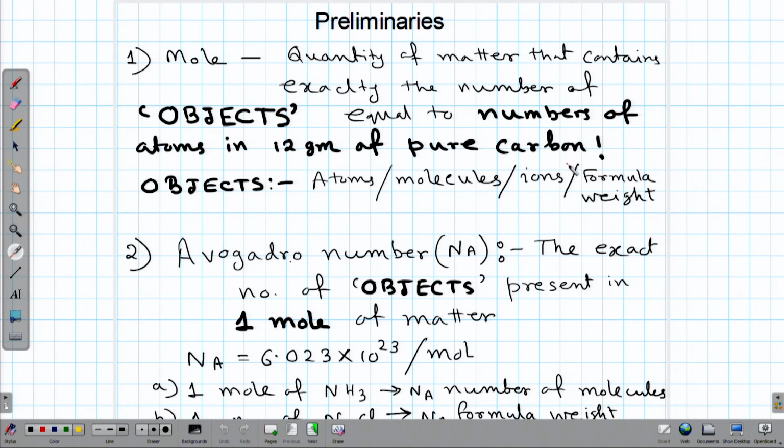But what is that number? That number is Na, the Avogadro number, which is given by 6.023 × 10^23 per mole, or we can also write it as mole inverse.